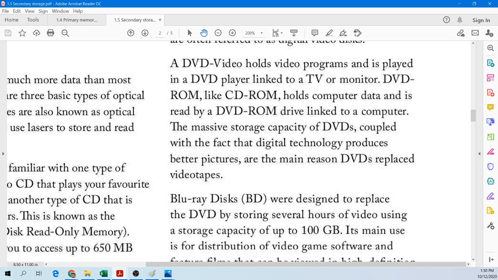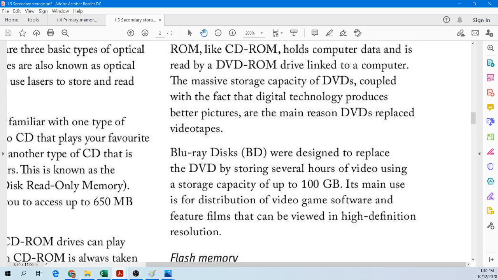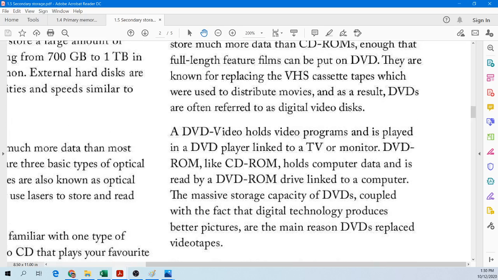DVD-ROM, like CD-ROM, holds computer data and is read by a DVD-ROM drive linked to a computer. The massive storage capacity of DVDs, coupled with the fact that digital technology produces better pictures, are the main reasons DVDs replaced videotapes. Blu-ray discs were designed to replace the DVD by storing several hours of video using a storage capacity of up to 100 gigabytes. Its main use is for distribution of video game software and feature films that can be viewed in high definition resolution. Good.